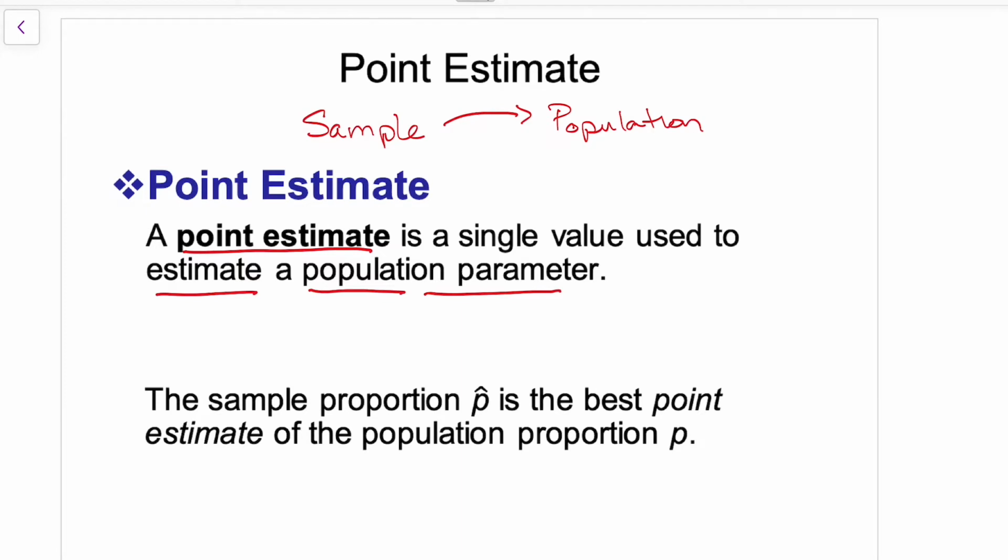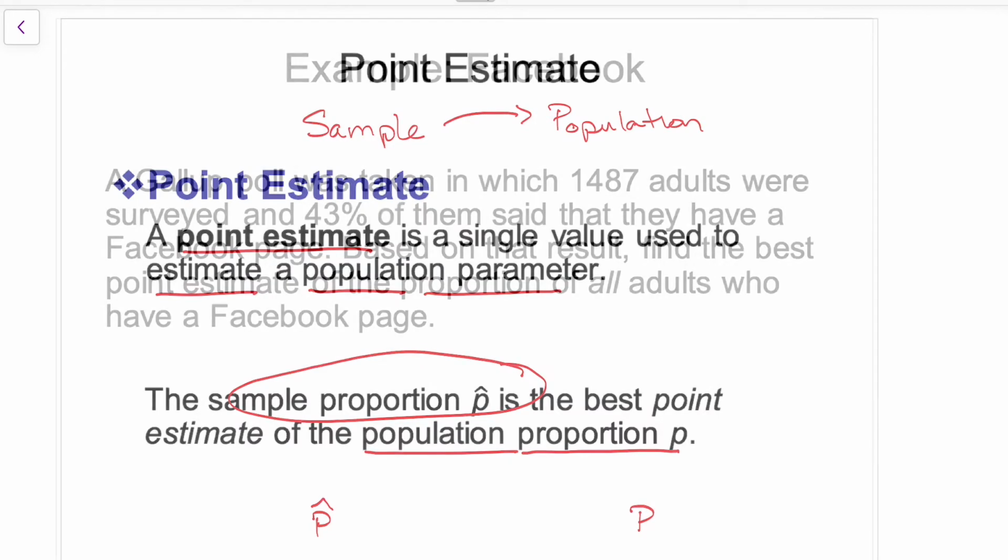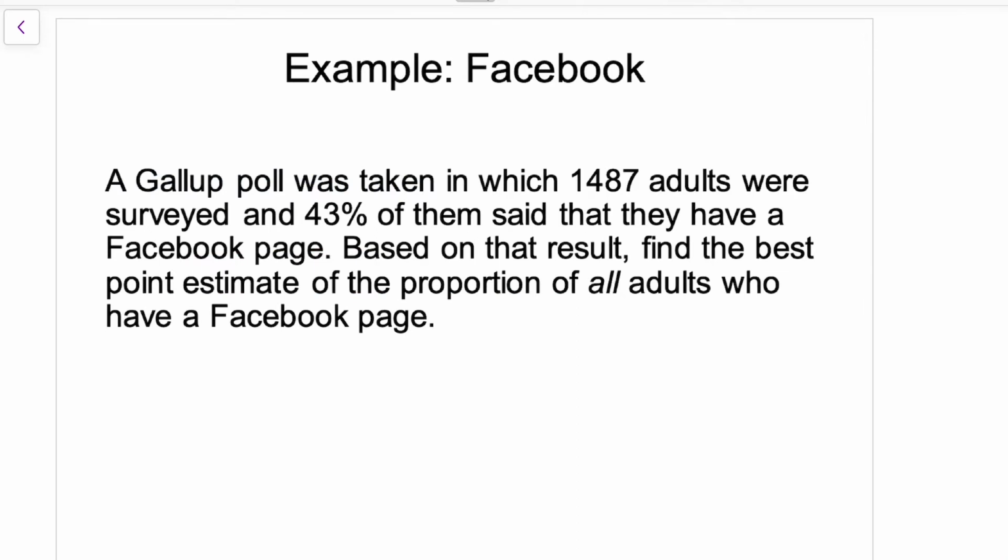Our first section will deal with talking about the proportion of the population. And the best point estimate is going to be the proportion of a given sample. And we signify those by p hat being the sample proportion and lowercase p being the proportion of the entire population. Let's look at a quick example of finding this point estimate.